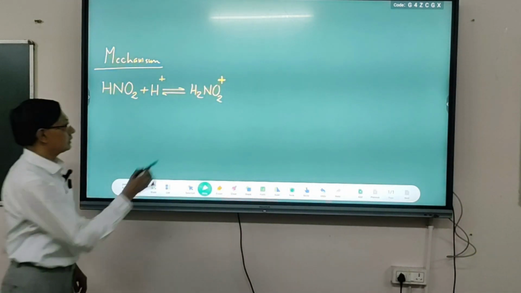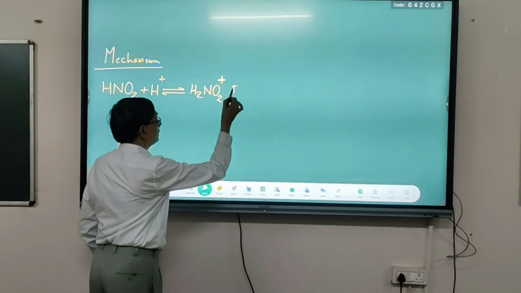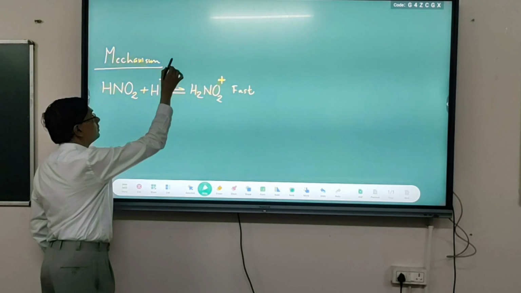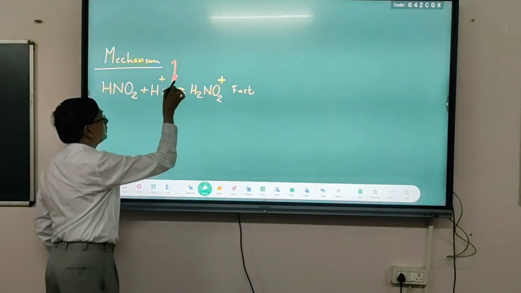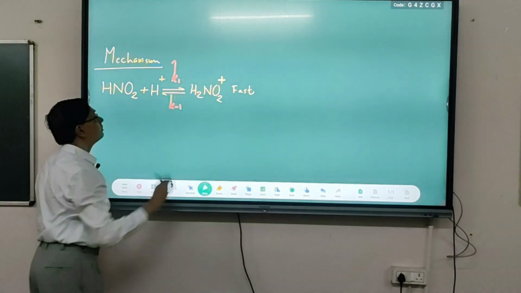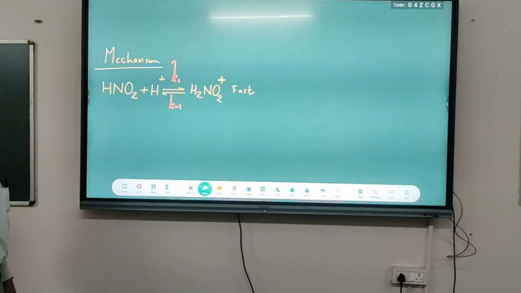It is a fast step, with rate constants k1 and k inverse 1.